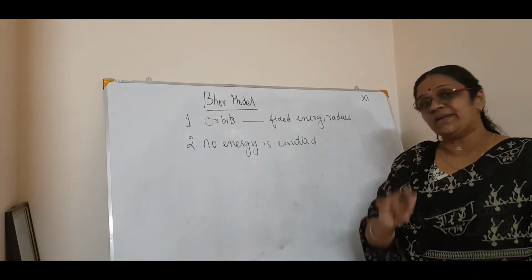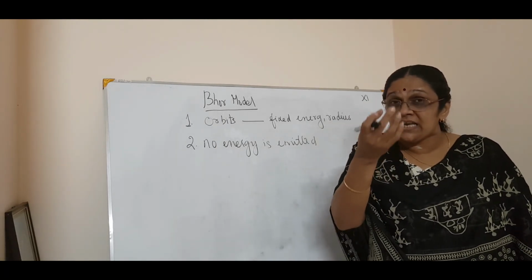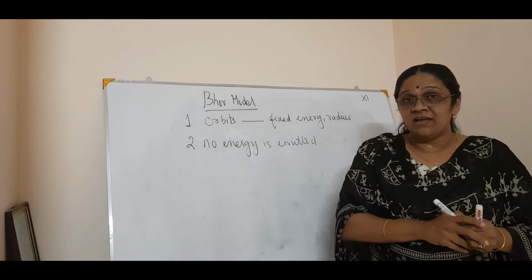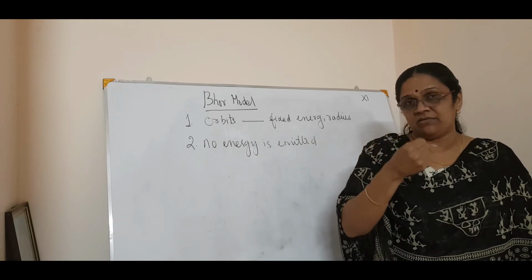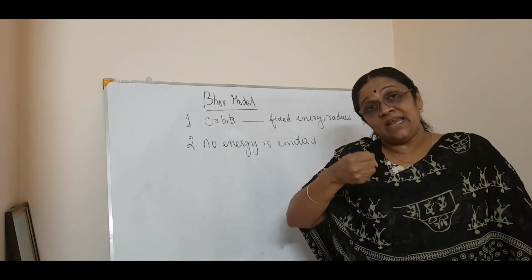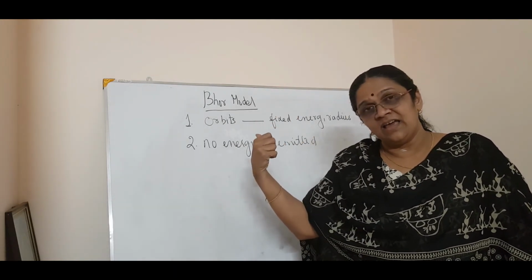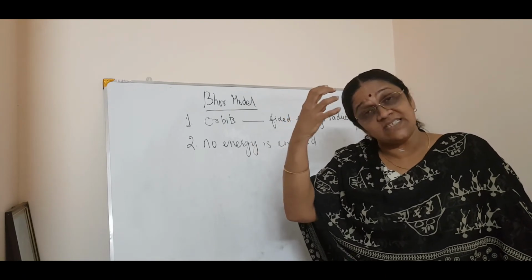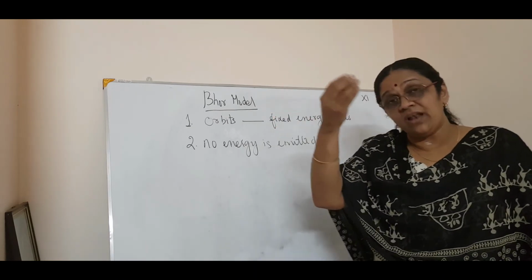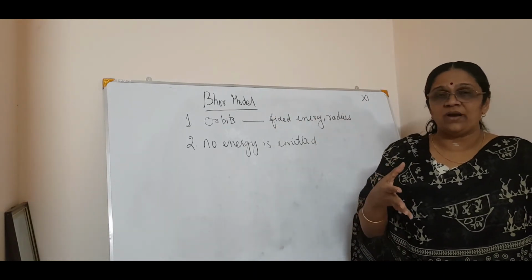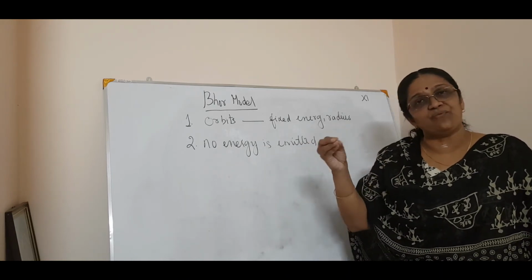No energy is emitted while revolving in a stationary orbit. But at the same time he said, listen, when an electron absorbs a particular amount of energy, it will go into a higher energy level, and the higher energy level, the excited state, is unstable. So it will bounce back to its original level, the ground level, and energy is radiated.